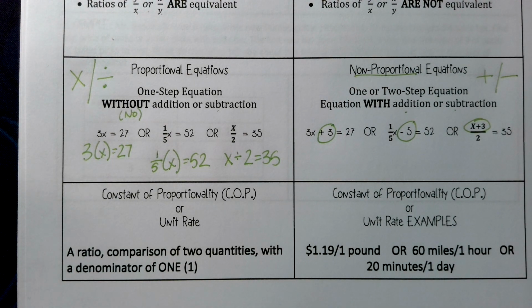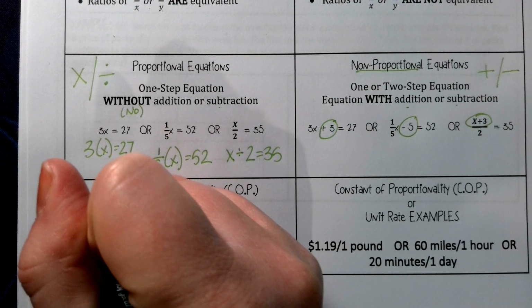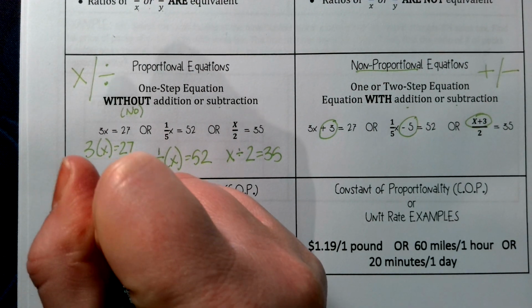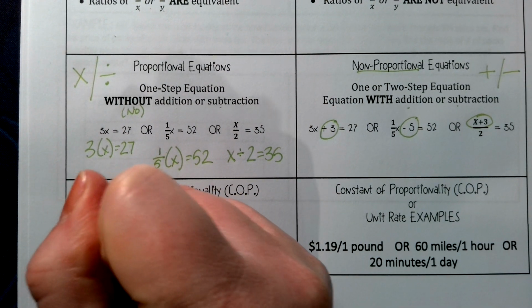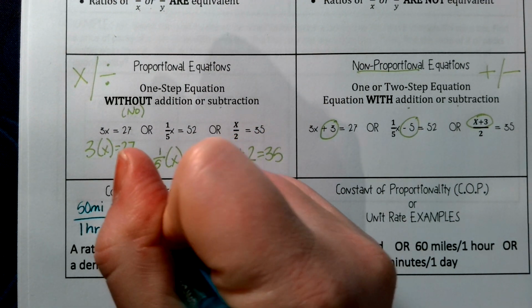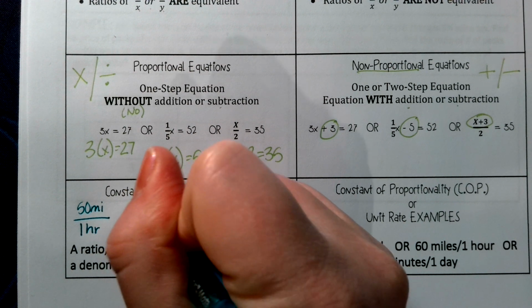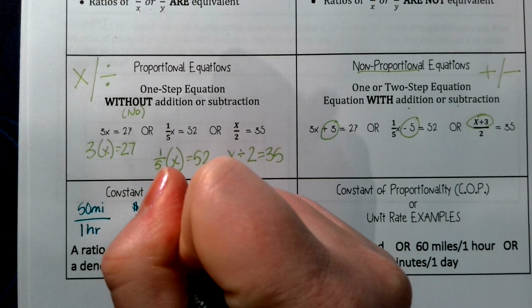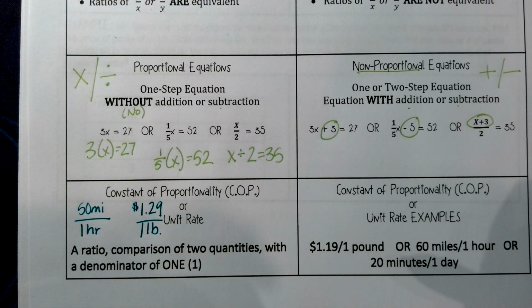Then we have our constant of proportionality, or our unit rate. Remember, a unit rate is a ratio comparison of two quantities with a denominator of 1. So that's like if I drive 50 miles per 1 hour. If I go to the grocery store and it costs $1.29 for 1 pound of bananas.